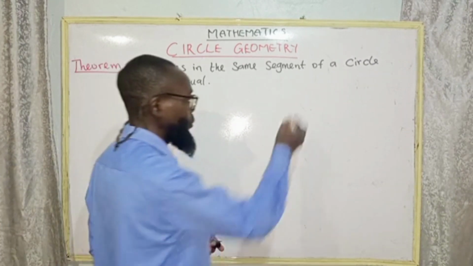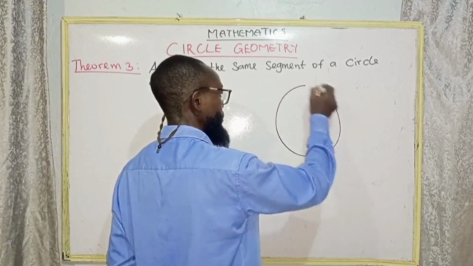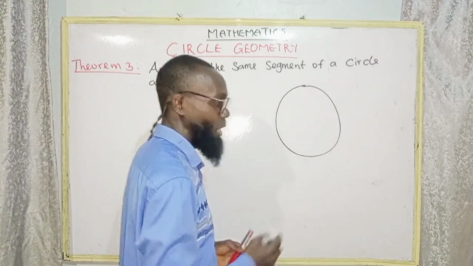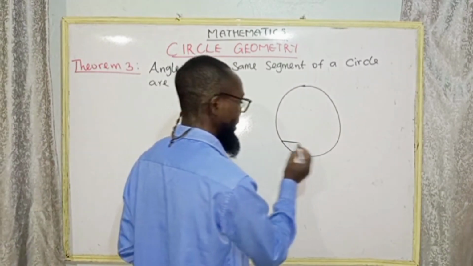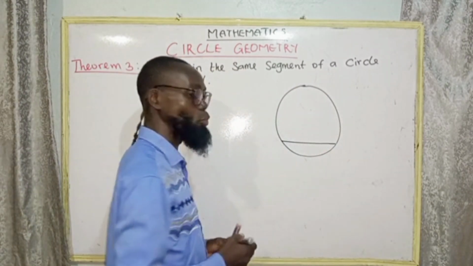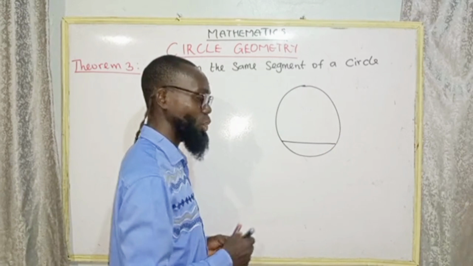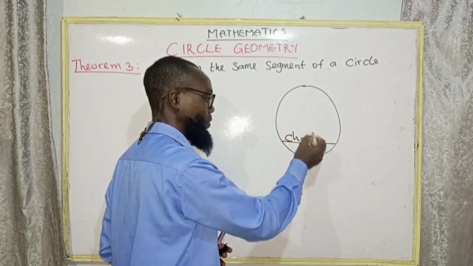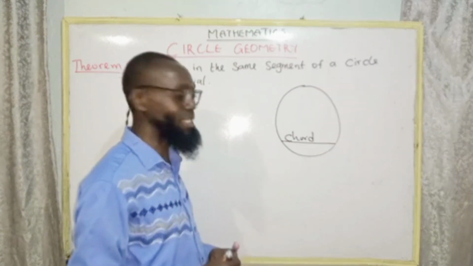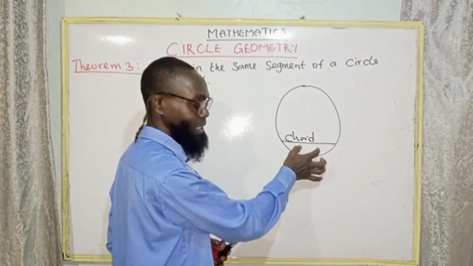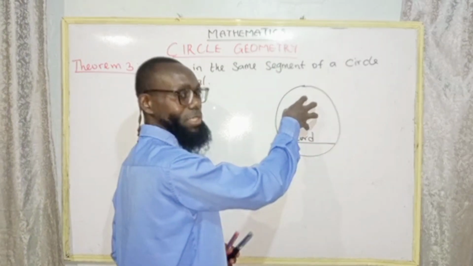When we have a circle this way, we know that if we have a line that is dividing a circle into two different parts, the line is called a chord. So this chord is dividing the circle into minor and major segments.